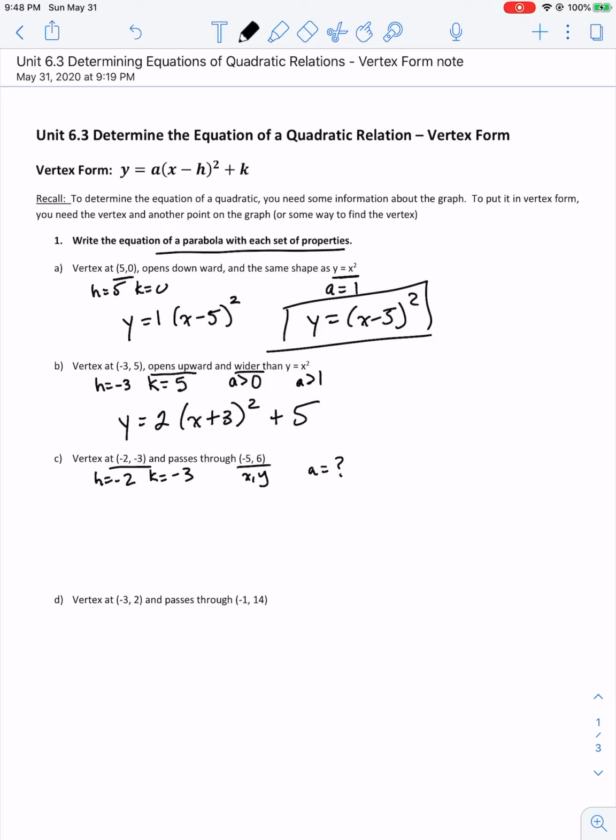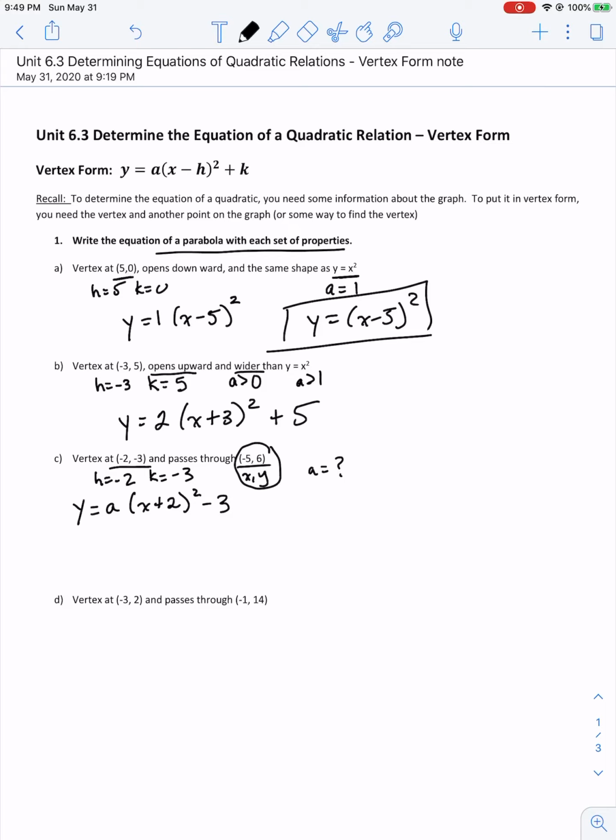So we know the form of the equation: y equals some a value times (x plus 2) squared minus 3. We need to figure out a, but we know that when x equals -5, y has to equal 6 from this point on the parabola.